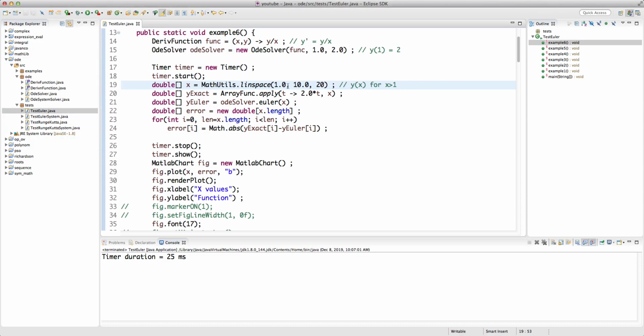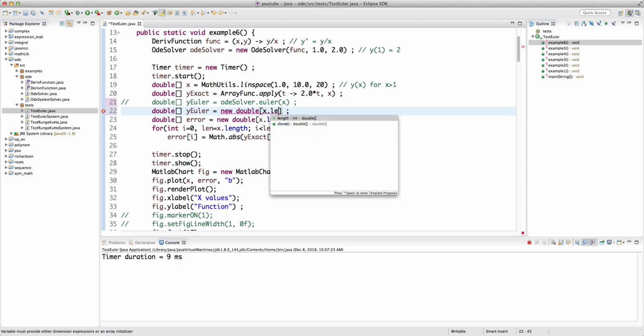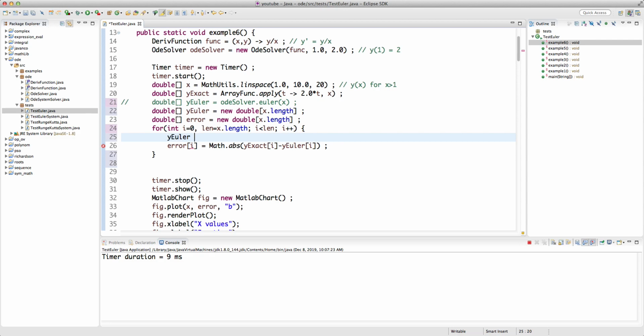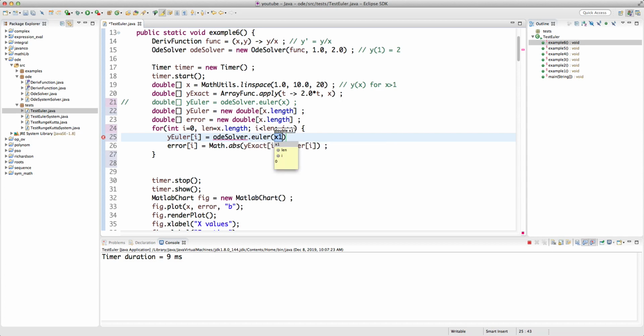But now let's say we take 20 points, and instead of calculating the solution based on the adaptation of the initial condition, we calculate the solution at each point using the original initial condition, x dot length, and then here basically y Euler at i is Euler ODE solver dot Euler at xi.